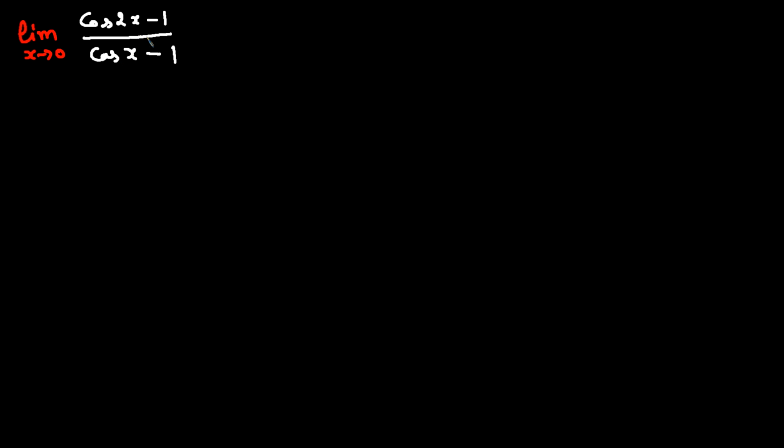All right, so cos 2x is basically equal to 2 cos square x minus 1. Or 1 plus cos 2x is 2 cos square x, and we can rearrange it. So instead of cosine 2x, I'm going to plug in this trigonometric identity over there. So limit x approaches 0.